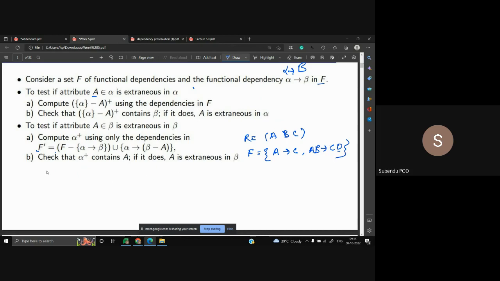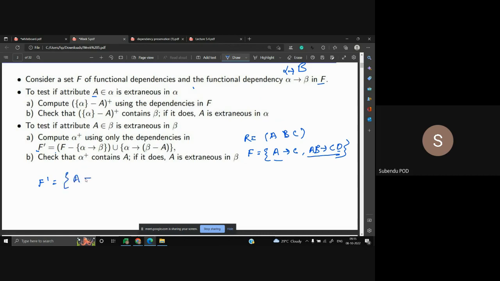So first we have to find F dash. What is F? A determines C and AB determines CD. First we subtract alpha determines beta, so what do we get?